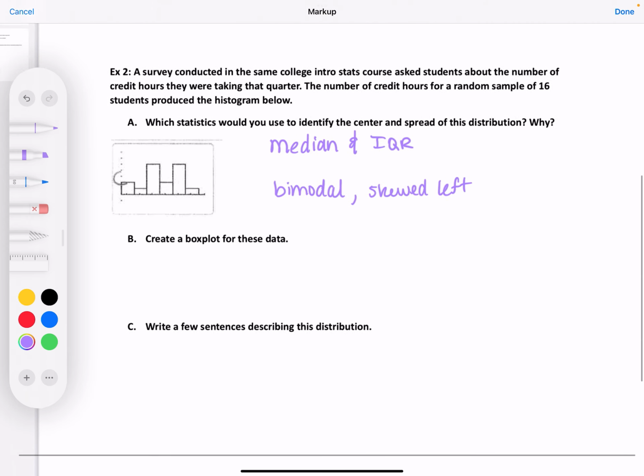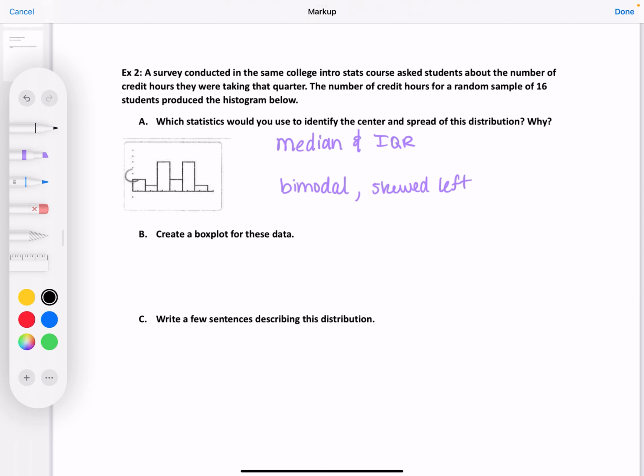All right, so then some information that, again, I need to figure out where the page is that has all the stuff on it. But I'm going to give you the statistics from what the calculator would give you. So the count, there's 16 of them. The mean is 16.3. The median is 16.